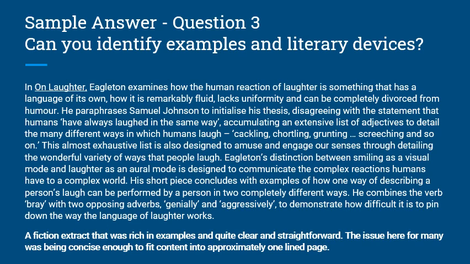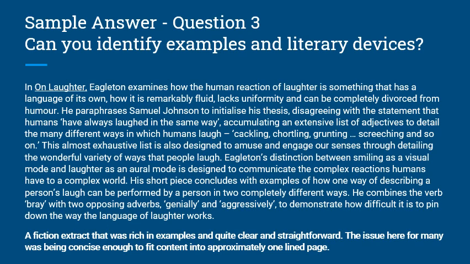He paraphrases Samuel Johnson to initialize his thesis, disagreeing with the statement that humans have always laughed in the same way, accumulating an extensive list of adjectives to detail the different ways in which humans laugh. Cackling, chortling, grunting, with some ellipses here, screeching, and so on. This almost exhaustive list is also designed to amuse and engage our senses through detailing the wonderful variety of ways that people laugh.